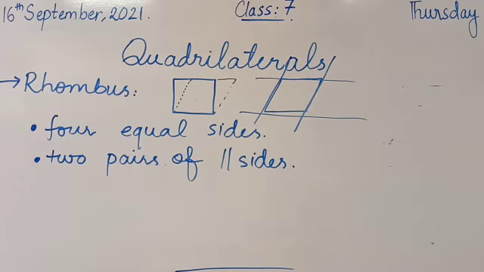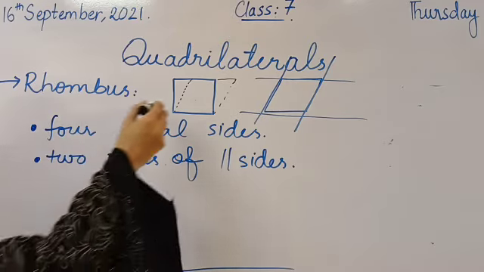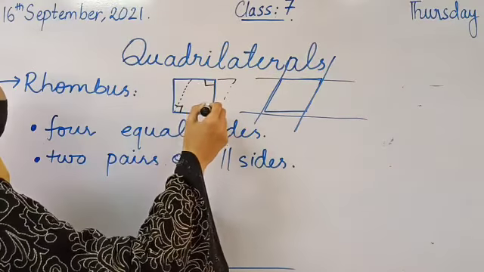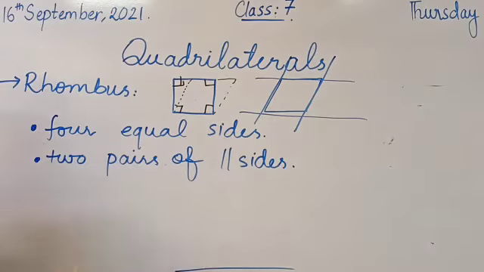What about angles? You can see that in a square all angles are of 90 degrees. But what about a rhombus? Can we see the angles in a rhombus?